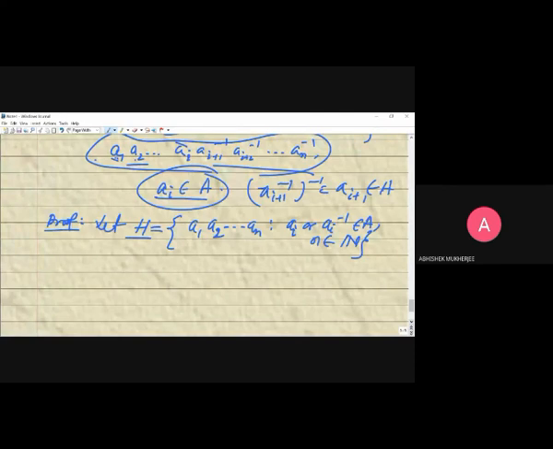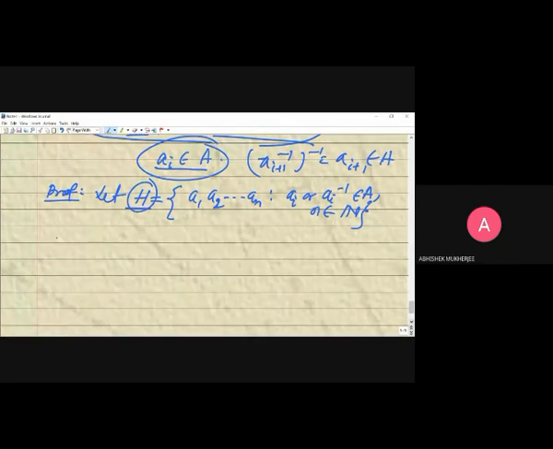That means you need to prove that first of all H contains capital A, right?